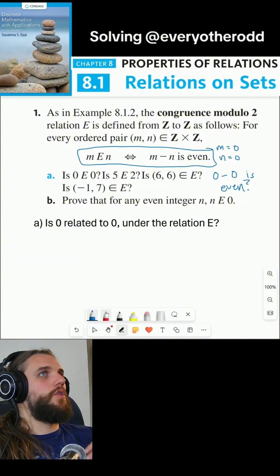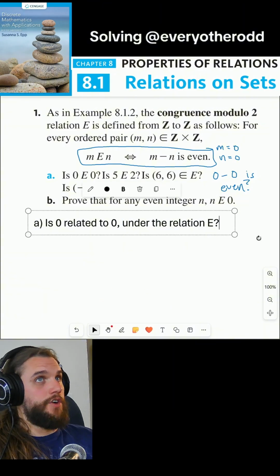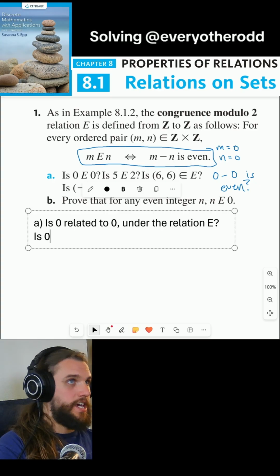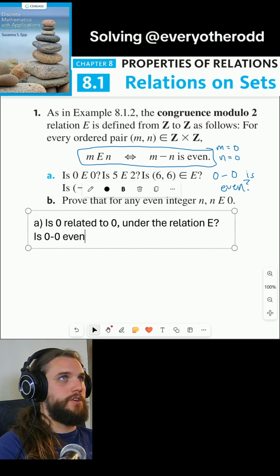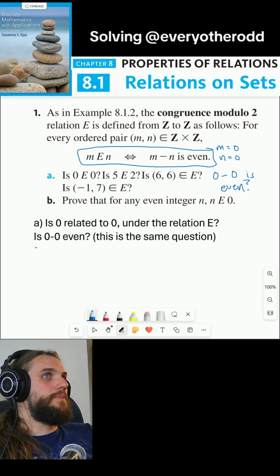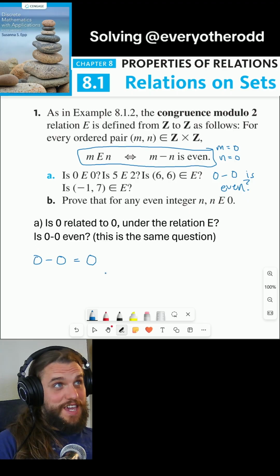And so when we ask ourselves, is 0 related to 0 under relation E? What we're really asking is, is 0 minus 0 even? That's the same question. Now, 0 minus 0 is 0, and 0 is even.